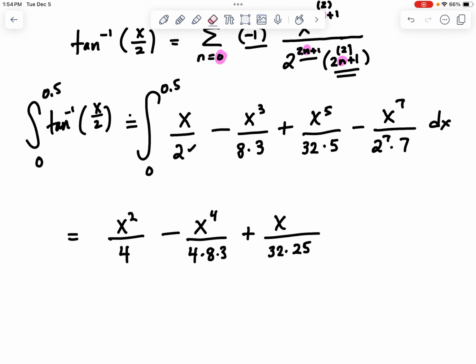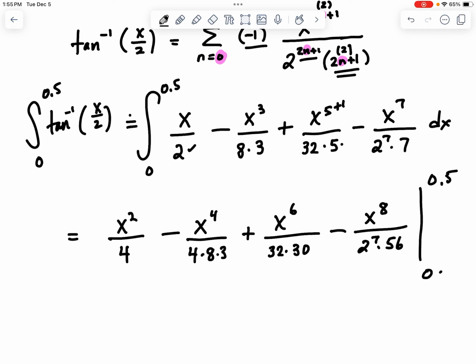Because I forgot that 5 plus 1 is 6. So add 1 to the exponent, Greg. Oh yeah, that's 6. And then if you put an extra 6 down in the denominator, that'll be a 30. And then minus x to the 8 over 8. So that'll be 2 to the 7. And then 7 times 8 is 56. And then evaluate that from 0 to 0.5.